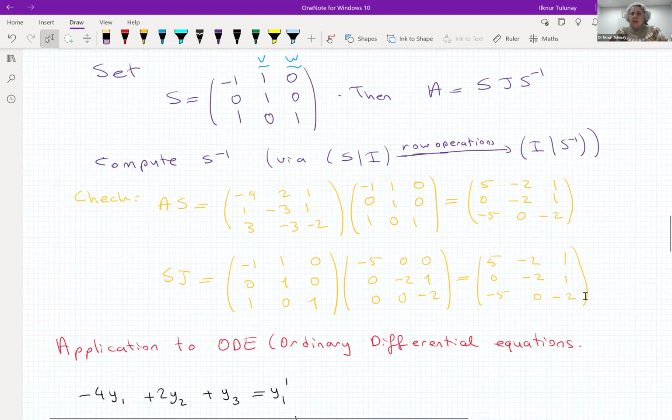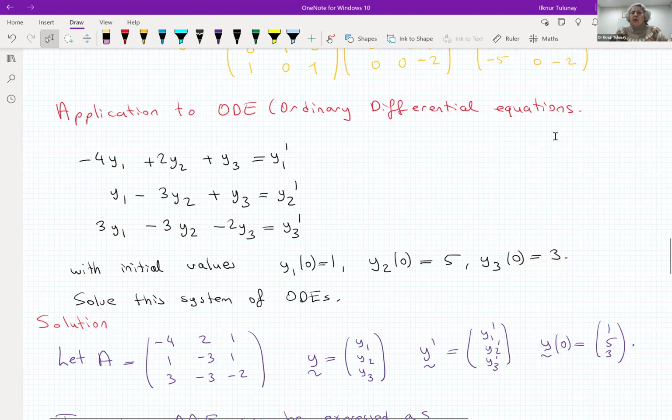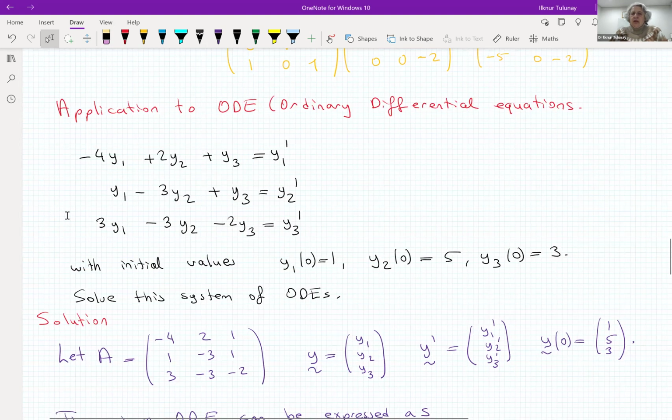Okay, let's have a look at the applications to ordinary differential equations, ODEs. Assume that we have such an ordinary differential equation system, y1, y2, y3, and y1 prime, y2 prime, y3 prime. These are the derivatives of the functions. You have three functions, and the initial values are given in that way, and we would like to solve this system. As you realize, the coefficient matrix is A, and the vector is y1, y2, y3, and on the right-hand side we have the derivatives of those functions, and this is the initial vector.